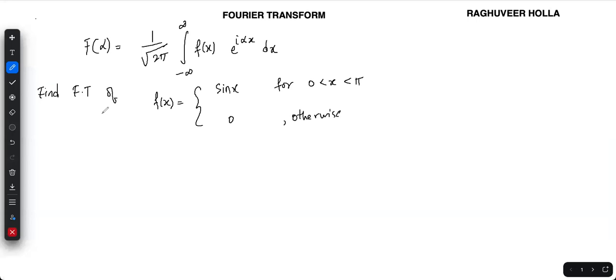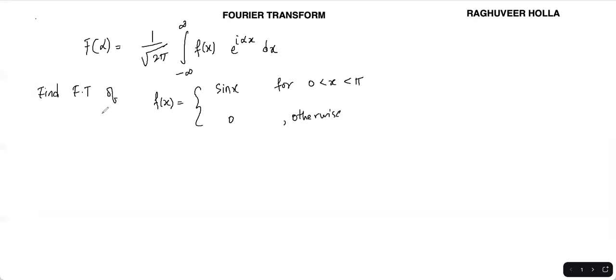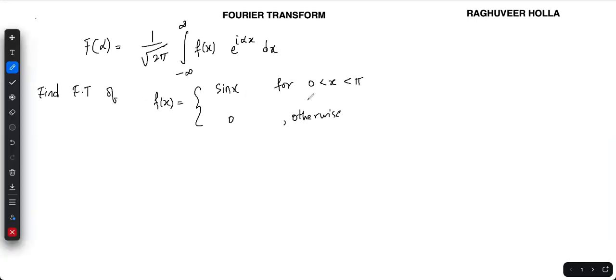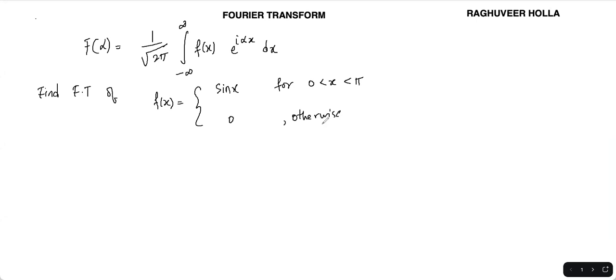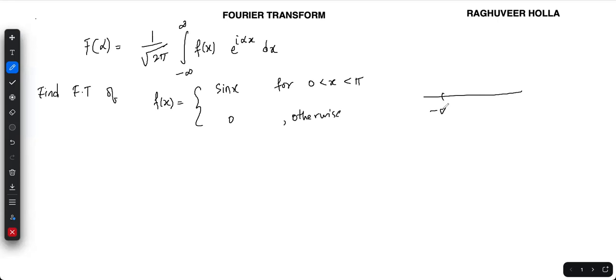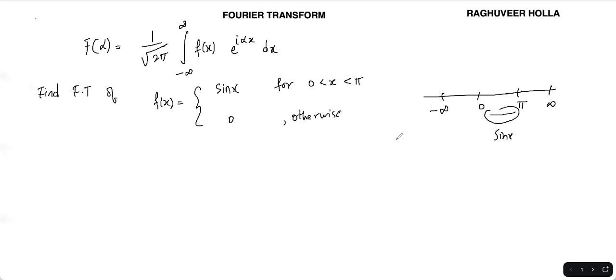Now let us move further and try to solve the Fourier transform of this. As you see here, for the interval minus infinity to 0 the function is 0, and from 0 to pi the function is sine x.